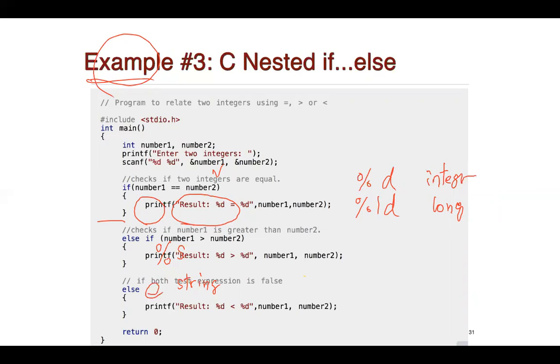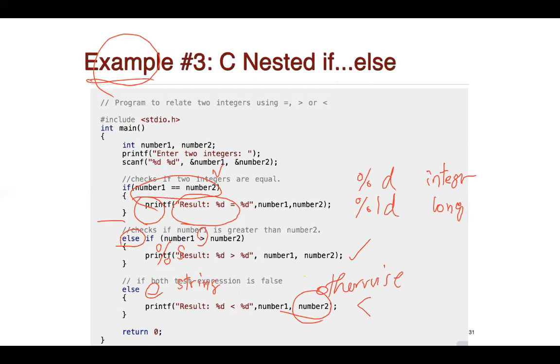You can just simply check whether they are equal or not. If not, we go to else, and then check the greater than sign. If it is greater than, you can print out greater than. Otherwise, the last case, it is less than. So this is an example of C nested if-else.